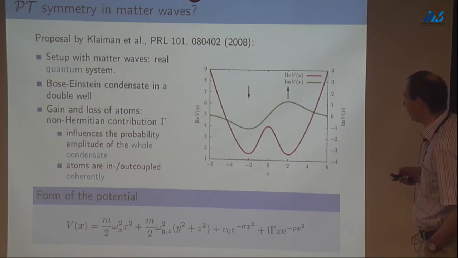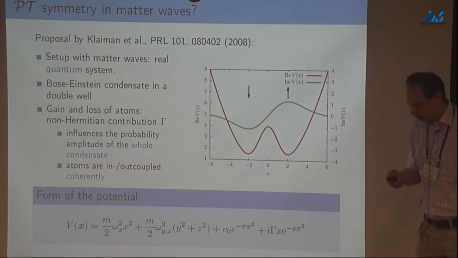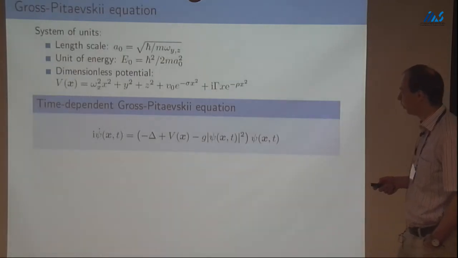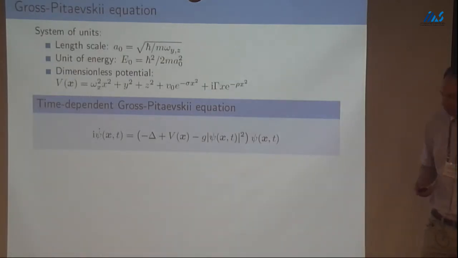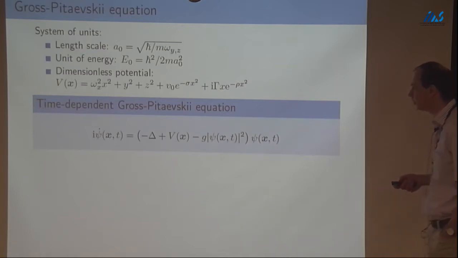What then has to be considered also in these Bose-Einstein condensates is that we want to add atoms to the condensed phase, so everything has to happen in a coherent way, and I will talk later about how we could implement this. So we do all this analysis on the level of the mean field approximation, so on the level of the Gross-Pitaevskii equation.